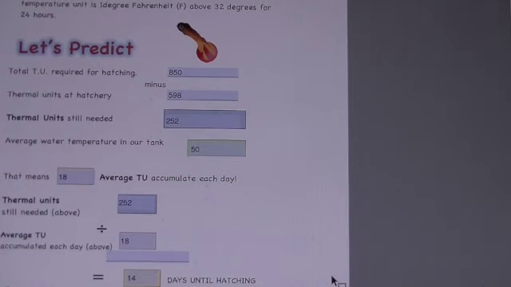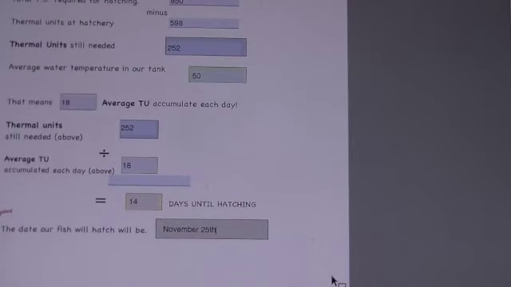And if you recall from our chart, it said the fish will hatch anytime between 850 and 900 temperature units. November 25th, we'll be at 850 temperature units. So we'll be checking back around that time to see if our salmon eggs are hatching.